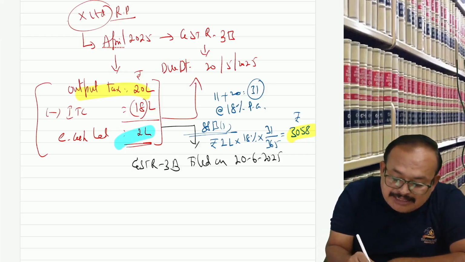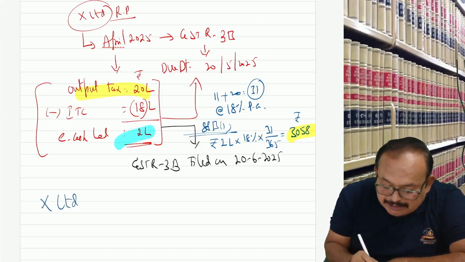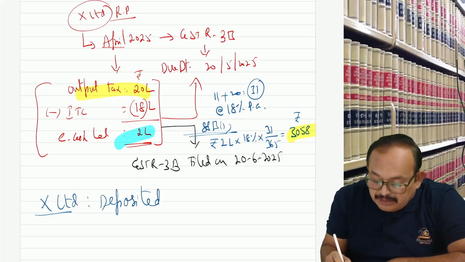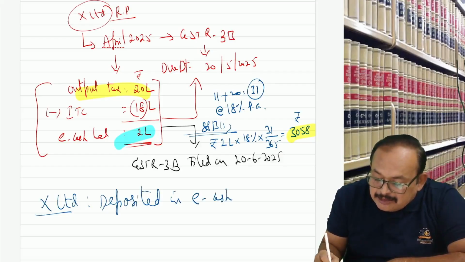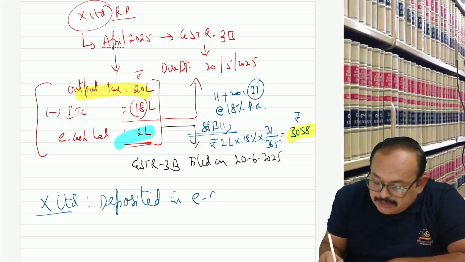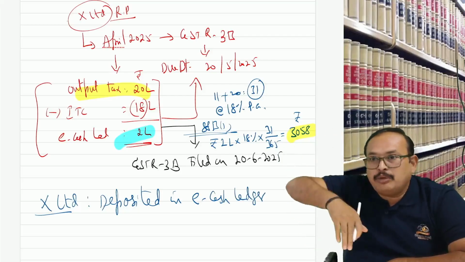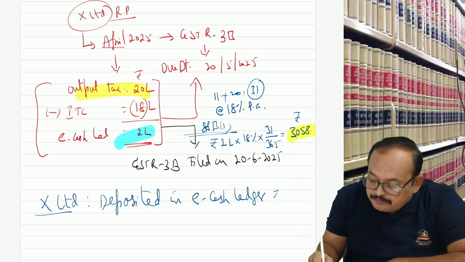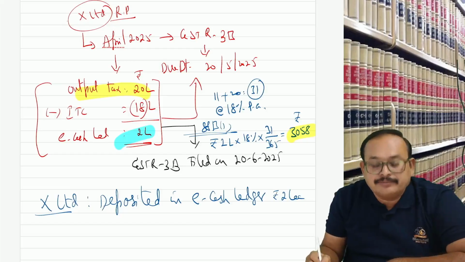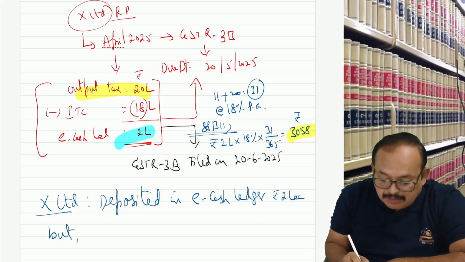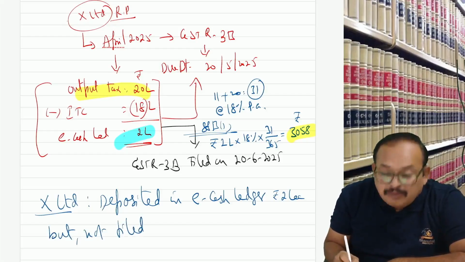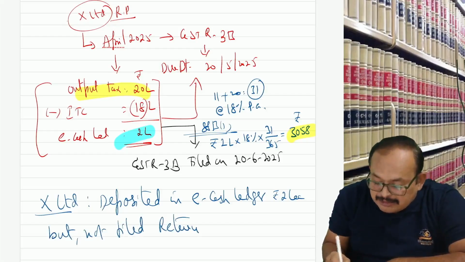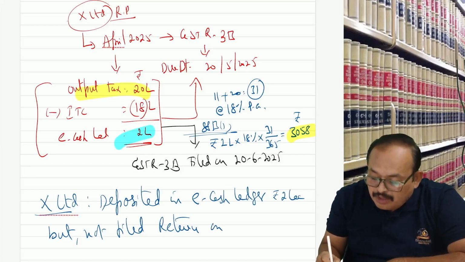Suppose this X Limited deposited in the electronic cash ledger, by debiting the bank account, rupees 2 lakh, but did not file the return on 20th May 2025.